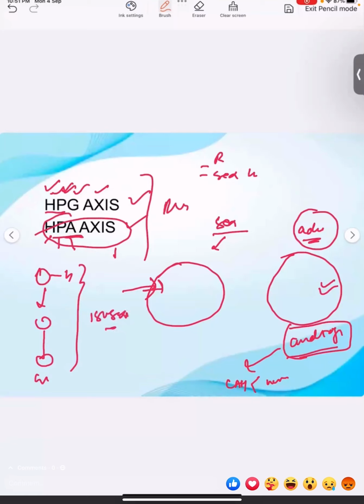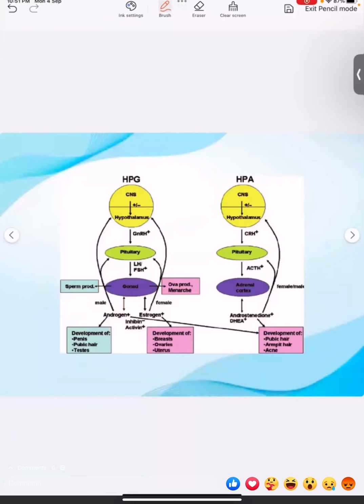When it goes the other way, they may have heterosexual characteristics, although isosexual and heterosexual may be present in both forms. So this is the gonadal axis and adrenal axis. We have to know the function and the source of production; this will lead you towards your diagnosis.